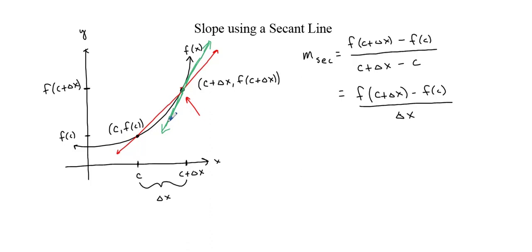How could we do better? How could we get closer and closer and closer to this slope? What could we do with this red line or some points on that red line? What do you mean?